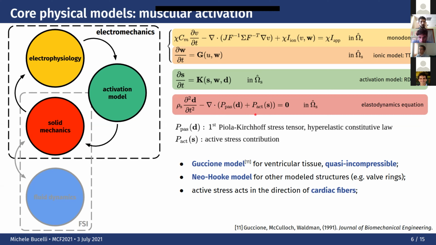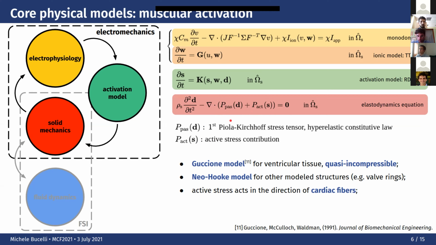The passive term essentially accounts for the elastic properties of the material, and we treat it in the hyperelastic framework. We make use of the Guccione model for ventricular tissue, and we use instead the Neo-Hookean model for other tissues, mostly valve rings in our ventricular simulation.